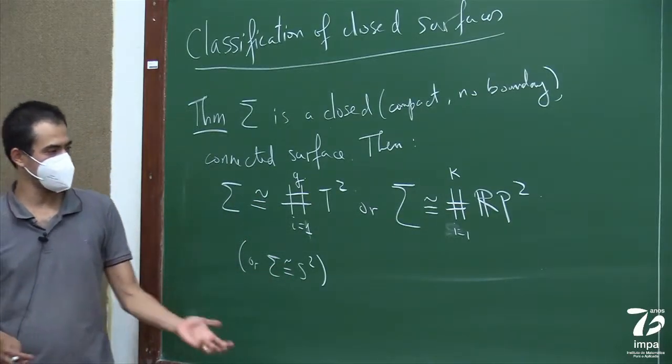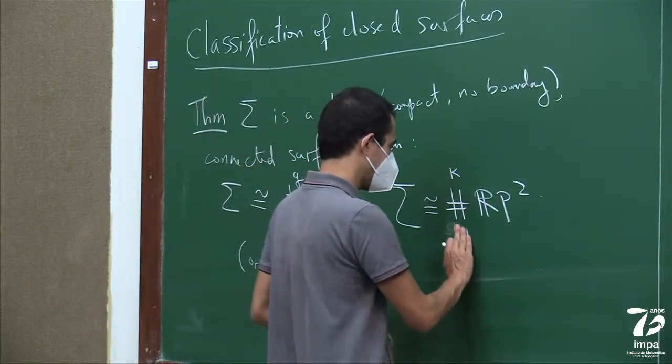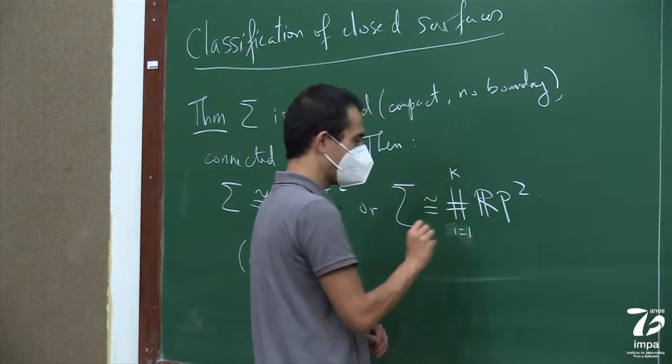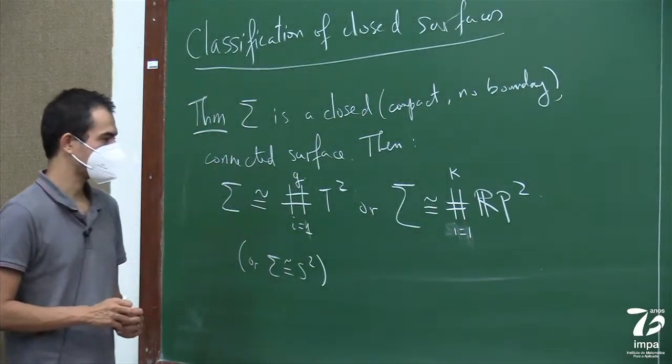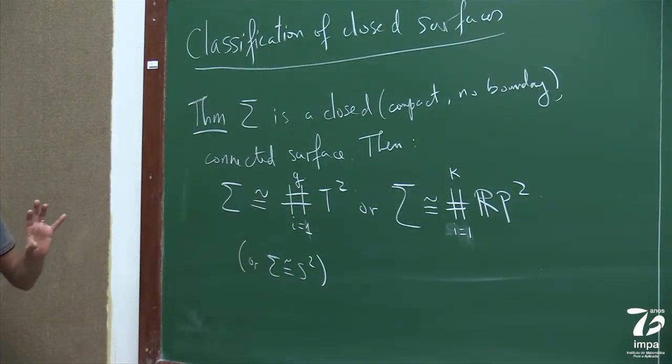So it's a reasonable convention that the empty connected sum is S2. Okay. And then the other thing that is interesting here is that you can actually replace two RP2s with a torus.